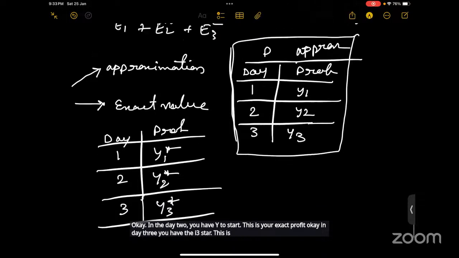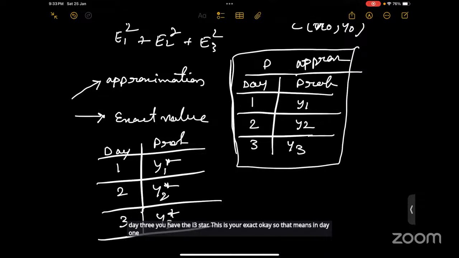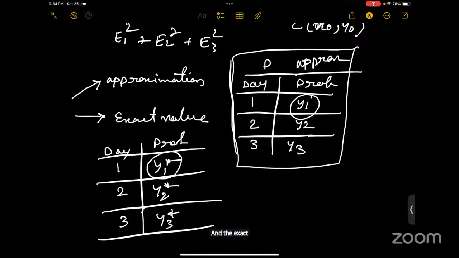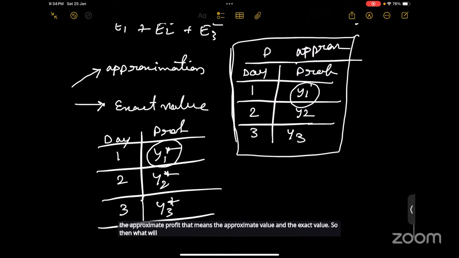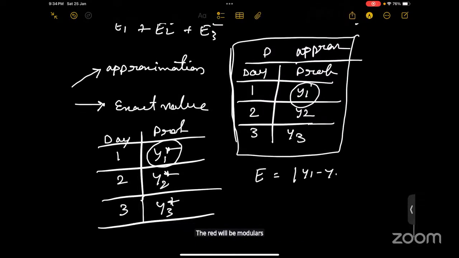So in day 1, you have the approximate profit y1 and the exact profit y1 star. Now, if you want to find the error between the approximate value and the exact value, what will the error be? The error will be modulus of y1 minus y1 star, right? And what do we mean by error here?